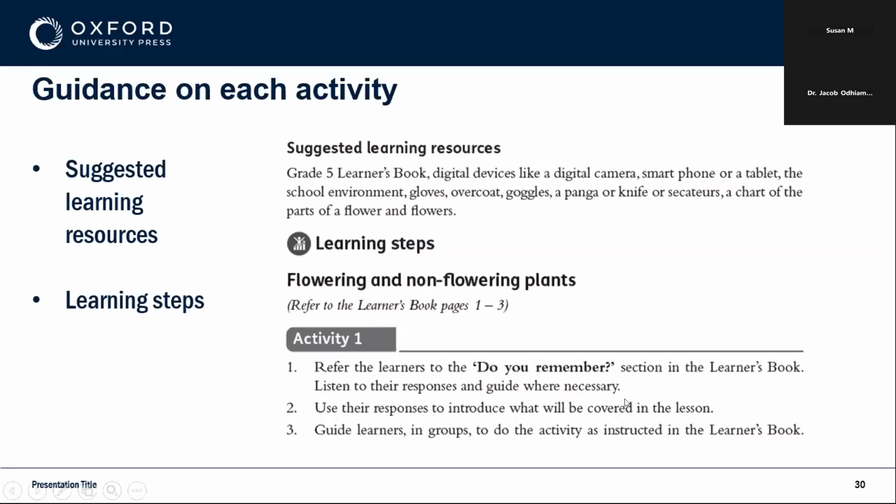If the learner's book has activity 1, 2, 3, up to 8, then the teacher's guide will also have activity 1, 2, 3, up to 8, with guidance on each of the activities. These steps are only 3, but some activities have 10 or 12 steps, but you don't want the steps to be many. If there are too many, they'll confuse the learner. So the teacher's guide has made them very clear: they are not too many, and again, they are not too few to be vague.